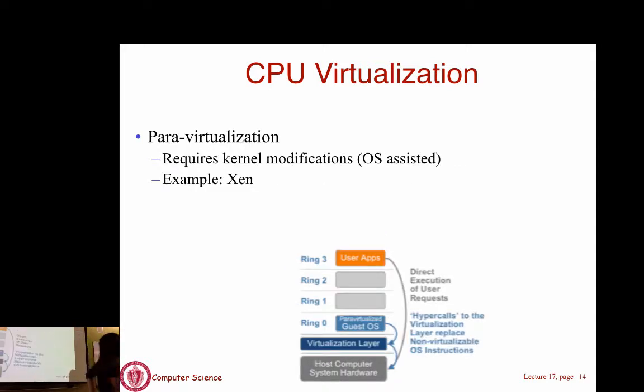The second type is paravirtualization. From the name, it says pretty much about it. It is not technically a full virtualization, as you can see. What it does is that it actually requires OS level changes of the machine.